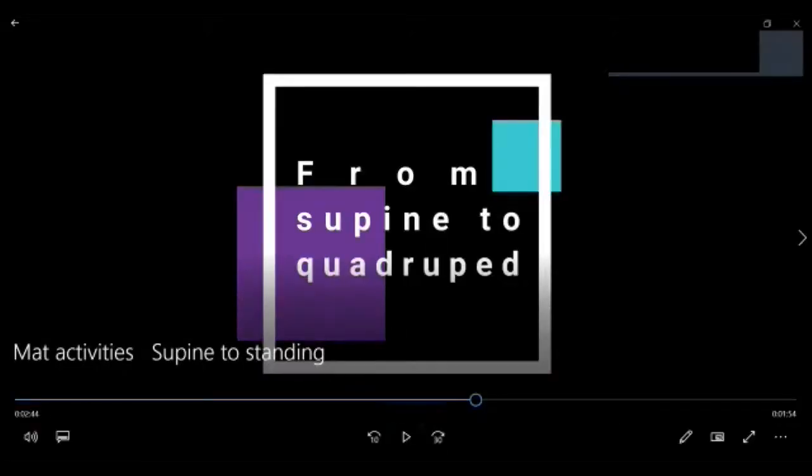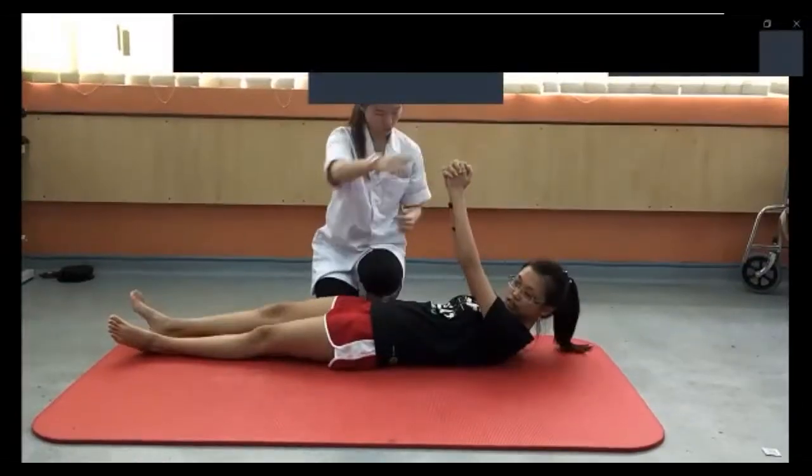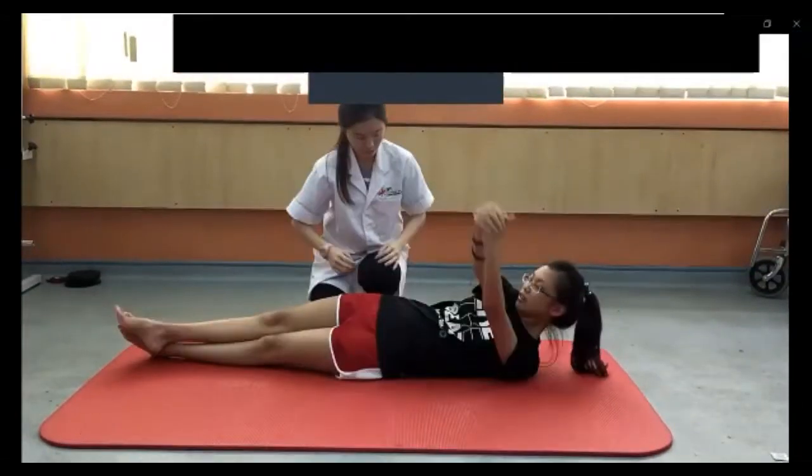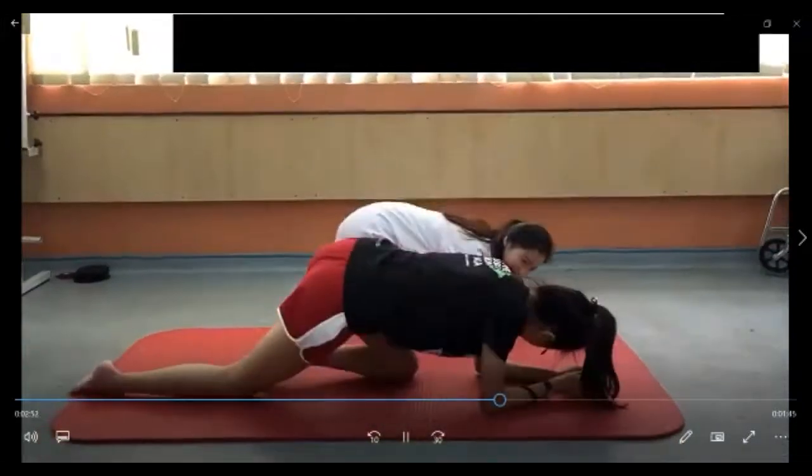From the long sitting, the other way of doing. So can I show? So this is from supine lying to forward push. Did you see it?